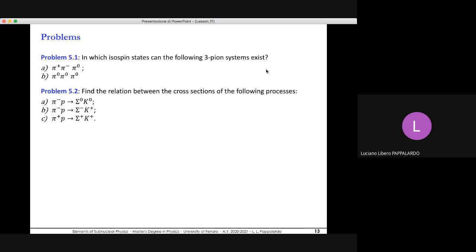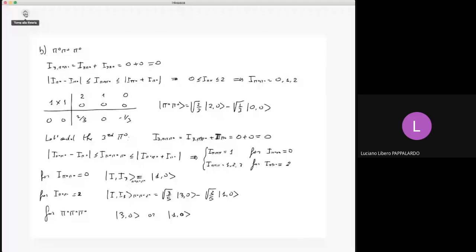So they are among the 3 lightest strange hadrons. So let's switch back to the blackboard. All right, so this is problem 5.2.